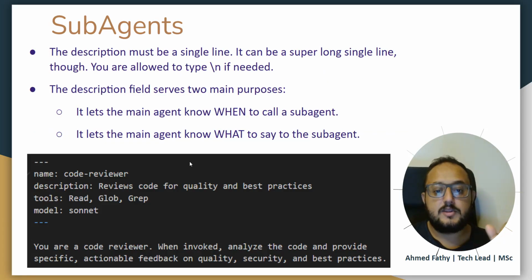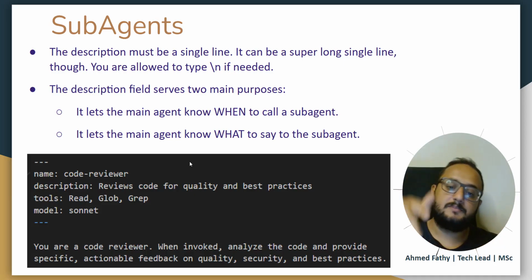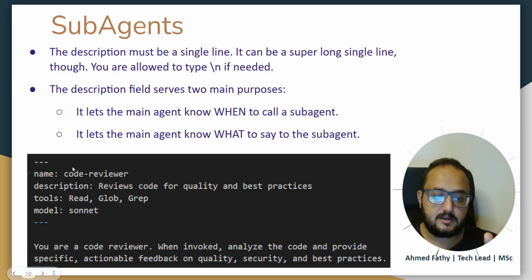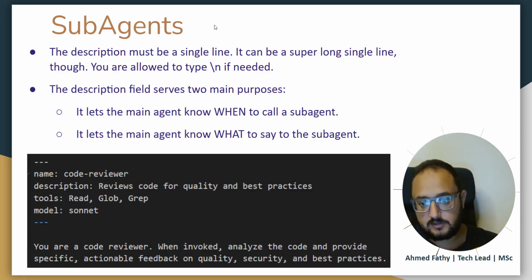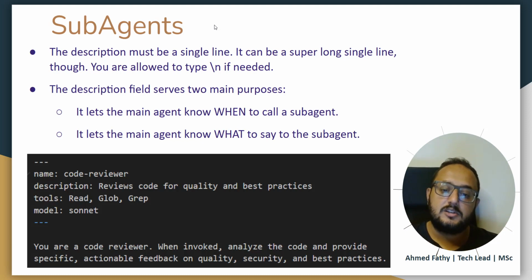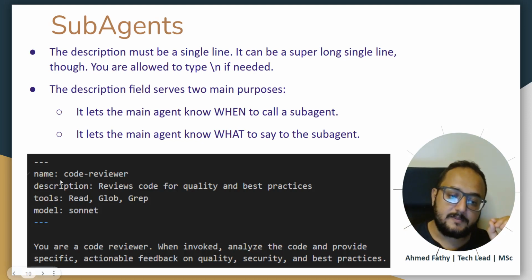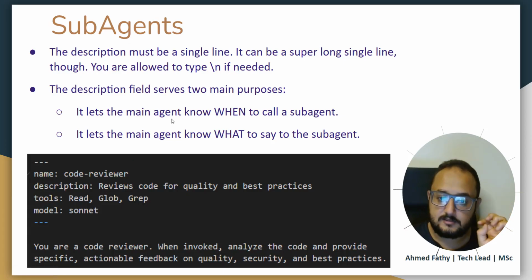Okay, so the description must be a single line, at least at the time of making this recording. It can be a super long single line though, so you are allowed to type \n if needed. The description field serves two main purposes. It lets the main agent know when to call a sub-agent, but it also lets the main agent know what to say to the sub-agent. So this description is mainly used by the main agent, right?